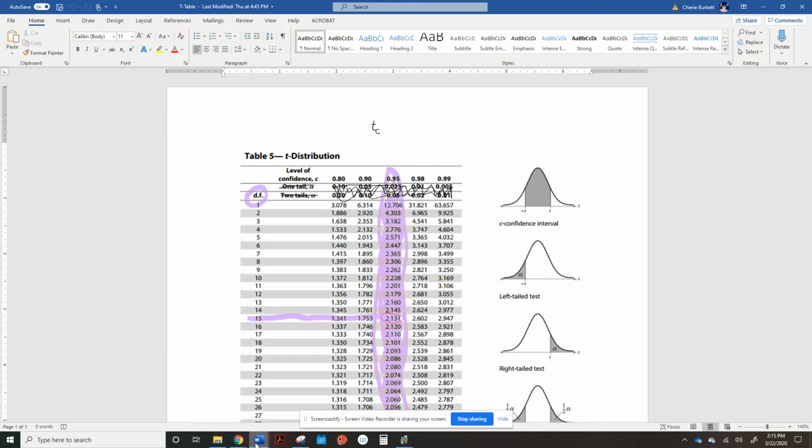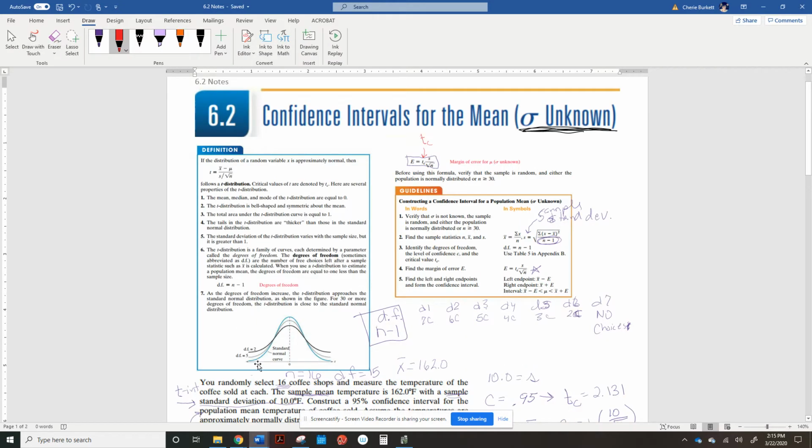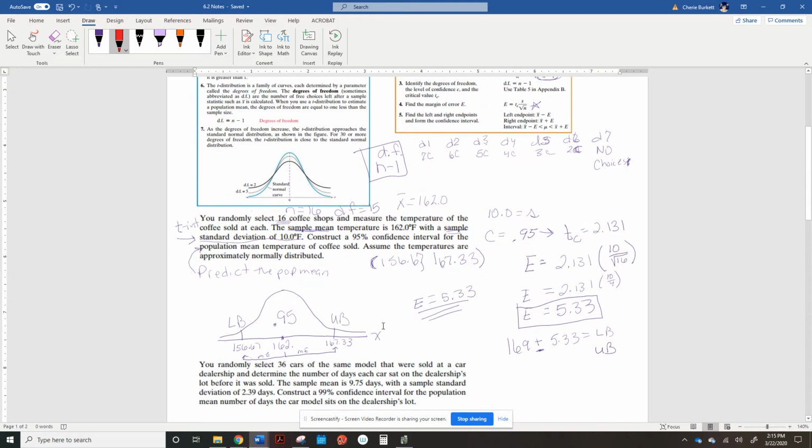All you have to do for the calculator is do just like we did on the other ones and find this area right here. We find this area the exact same way you did it on the other one. You say 1 minus 0.95 and you divide it by 2 because there's two areas.